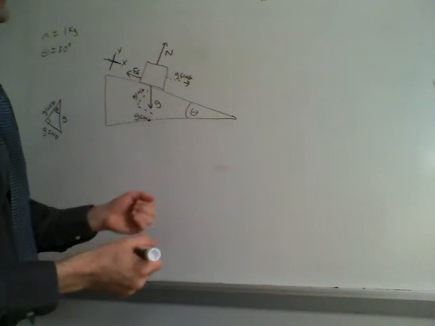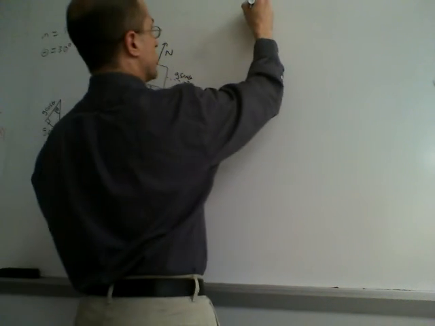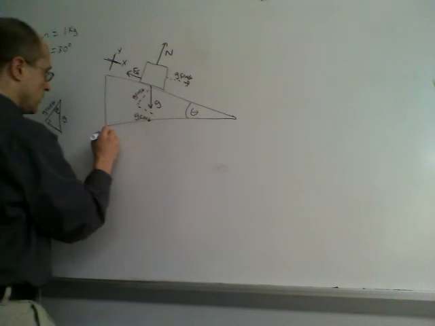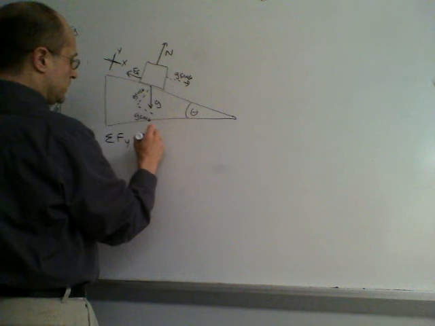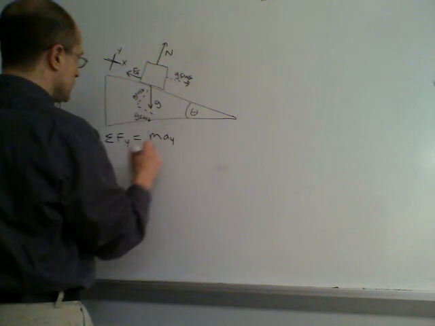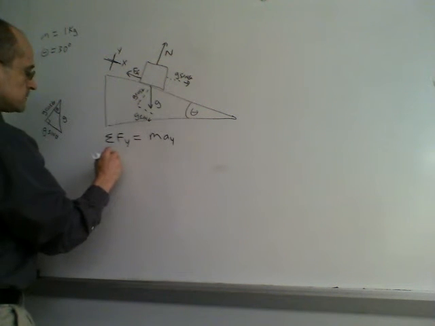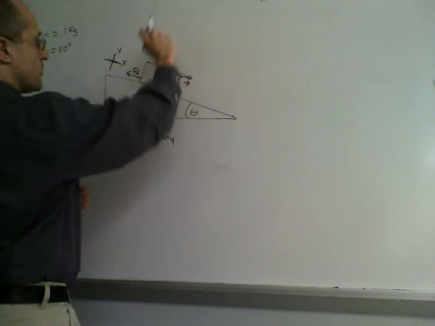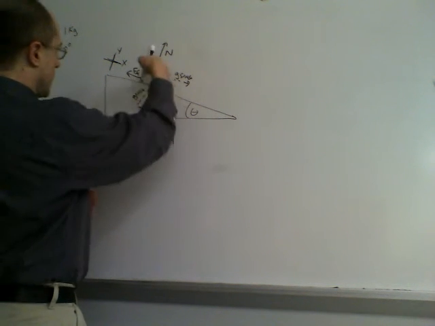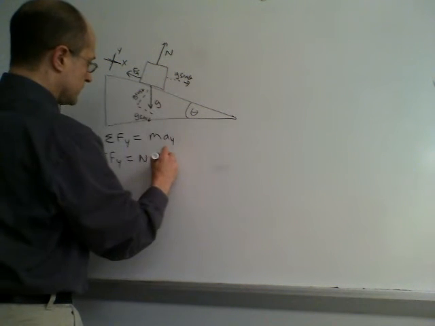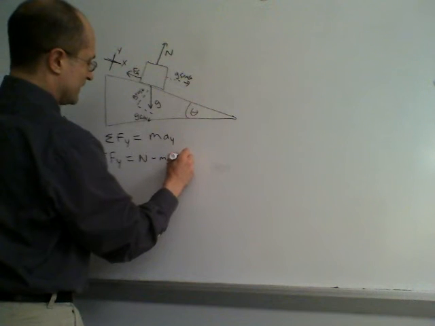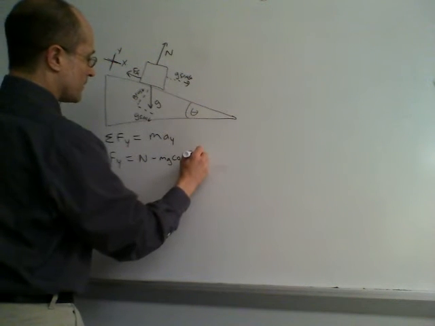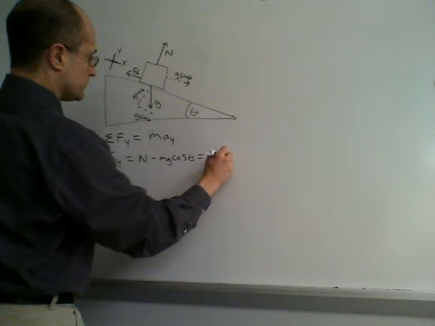So we'll start by summing the forces in the y direction, which is equal to m a_y. The sum of the forces in the y is that we have a normal force working up and mg cosine theta pulling it down.